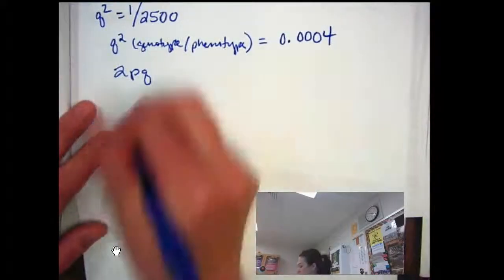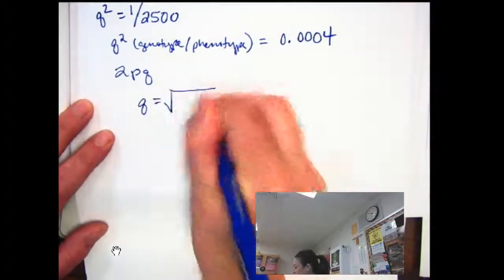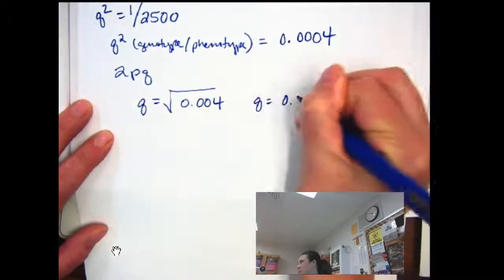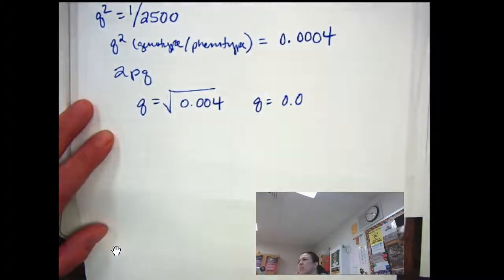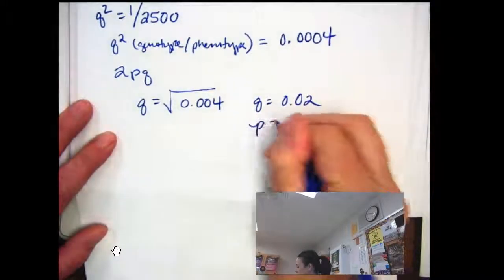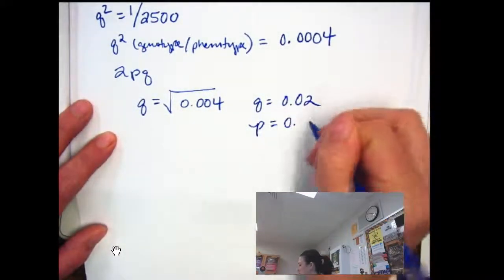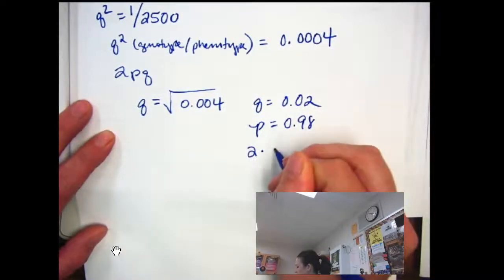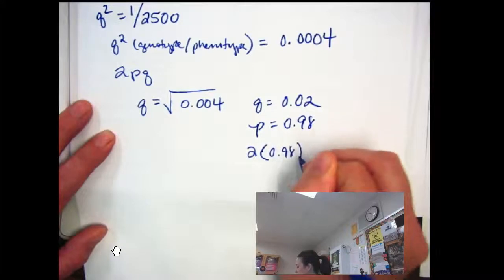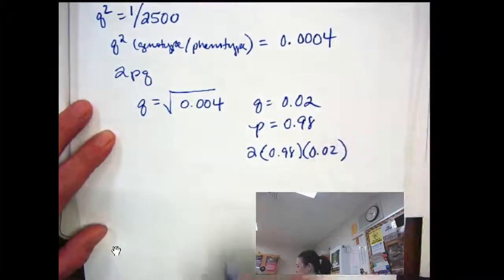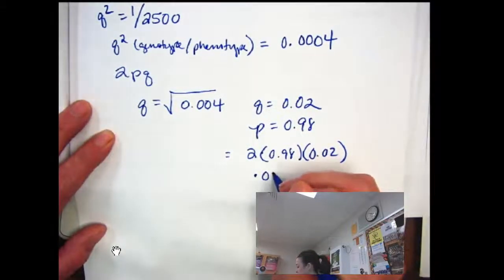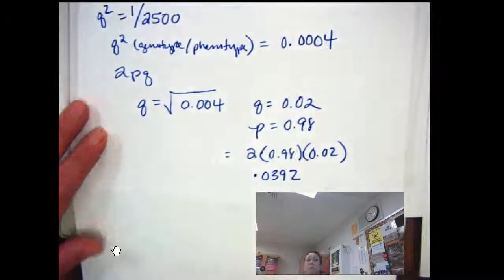So Q will be the square root of this, 0.02. P, what is that? 0.98. 2 times P times Q would give us my carriers: 0.0392. So that's my frequency of carriers.